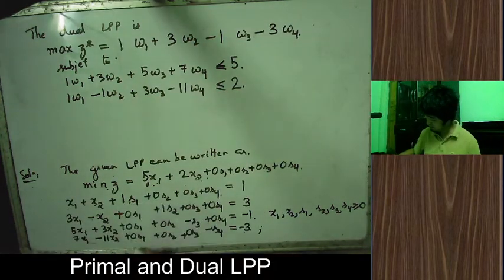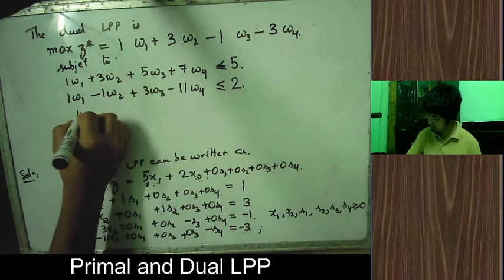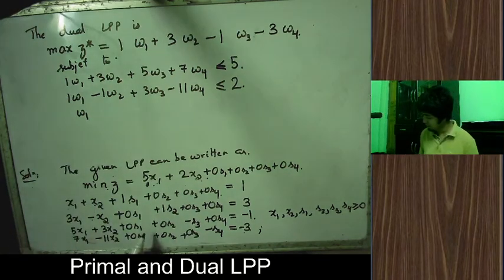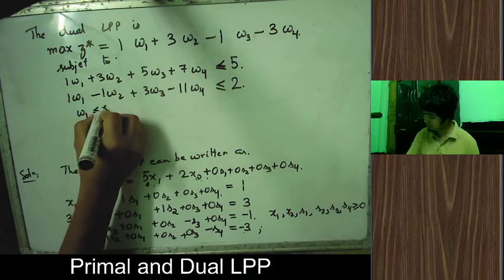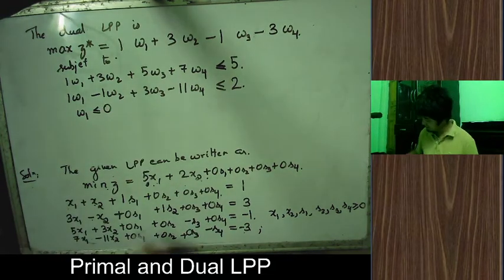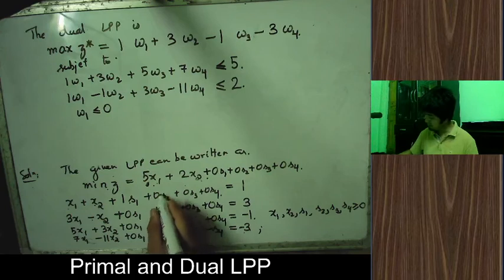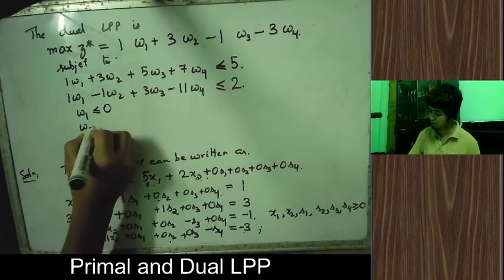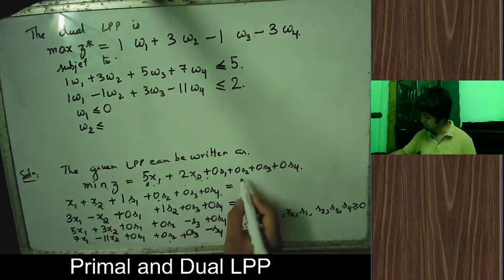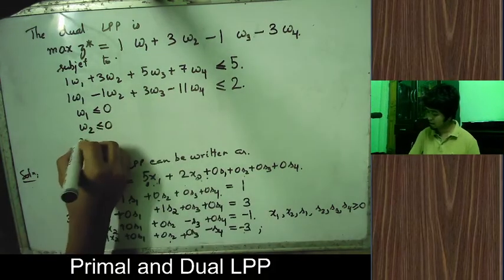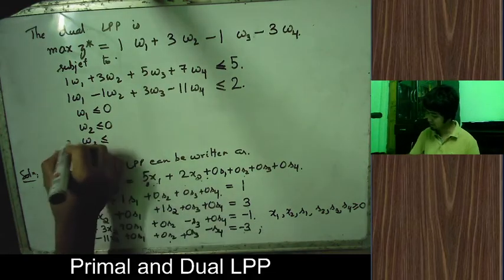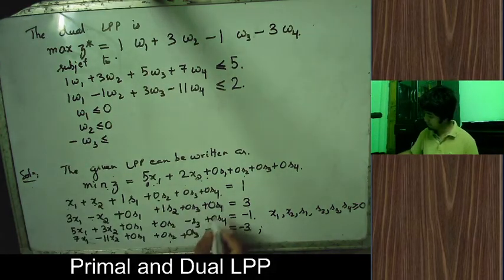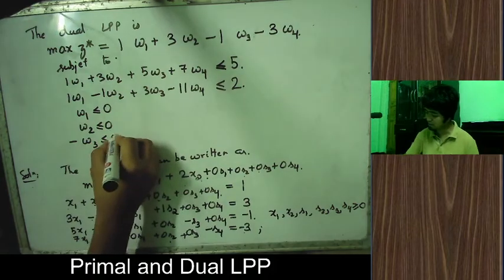1 0 0 0 will give you only w1: w1 less than or equal to 0. Similarly, over here we will be having only 0 w1 plus 1 w2, so w2 less than or equal to 0. From the next line, minus w3 will be less than or equal to 0.